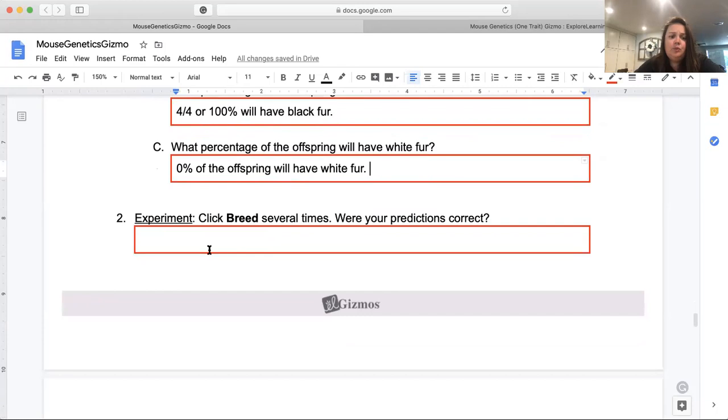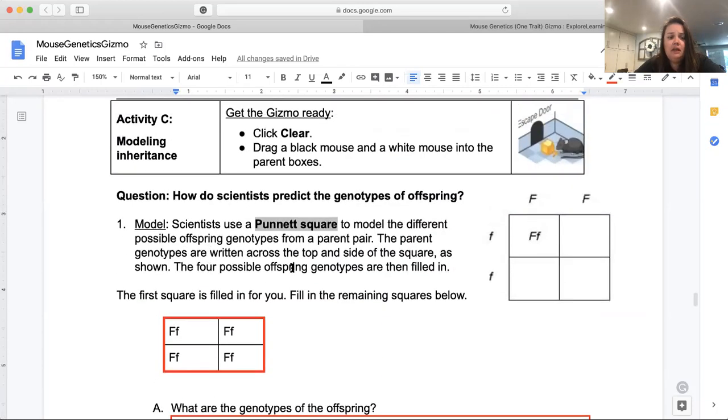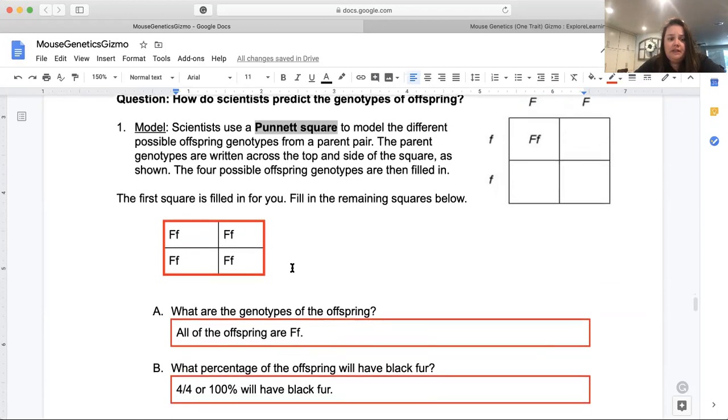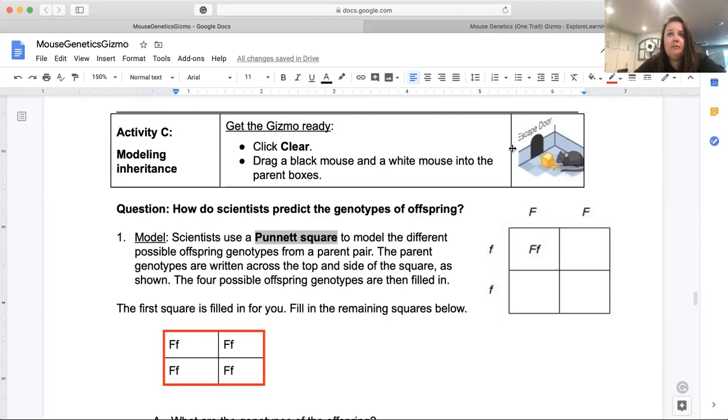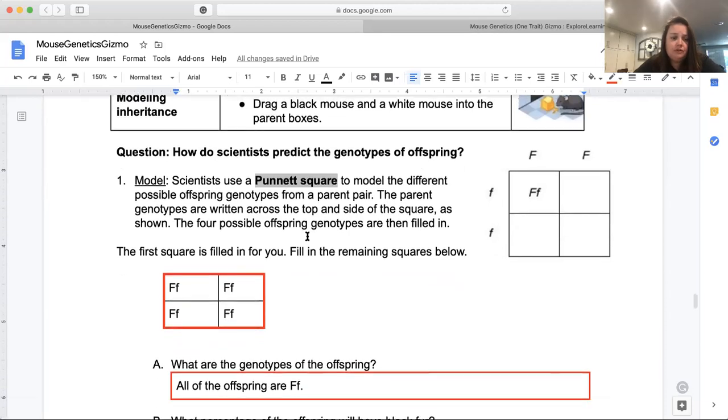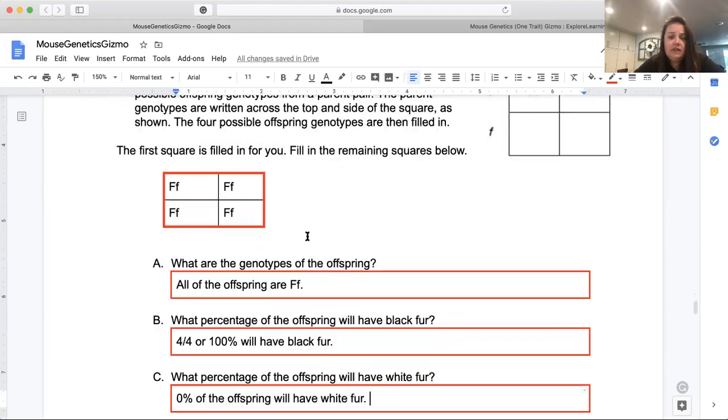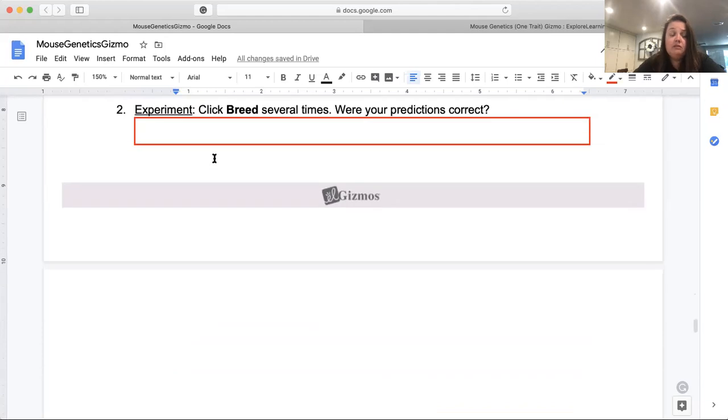So as it says, experiment, click breed several times. Were your predictions correct? Did you predict the black mouse and the white mouse to have only black children? If so, your answer would be yes, the black mouse and the white mouse have only black children.